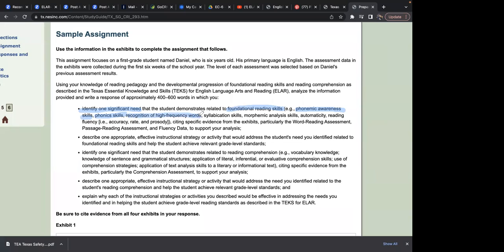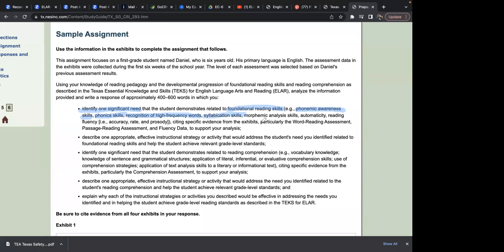Recognition of high frequency words. So a skill or strategy, an activity to help them build recognition of high frequency words, and write it down, do a description of it and write it down. I don't want you to memorize it. You write it down, you'll have access to it later on.